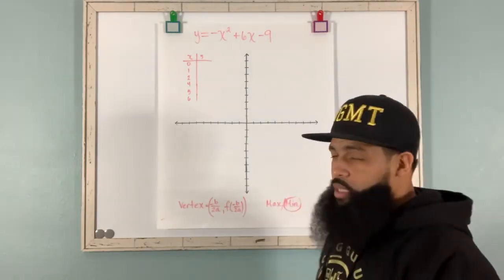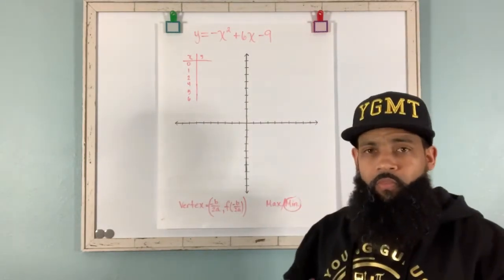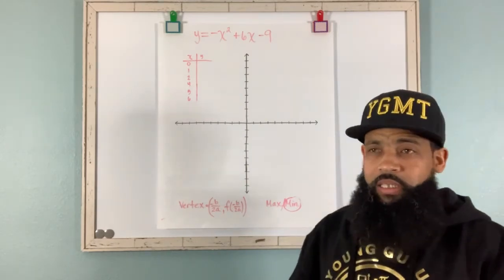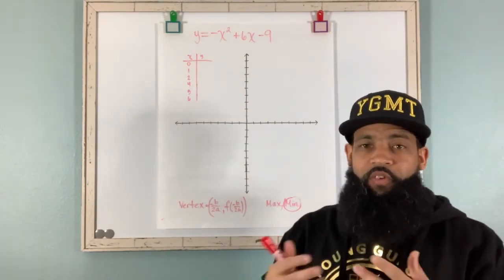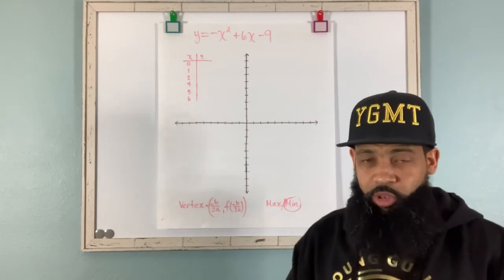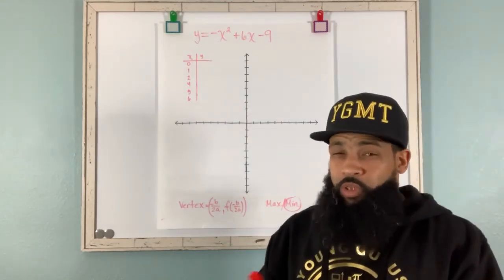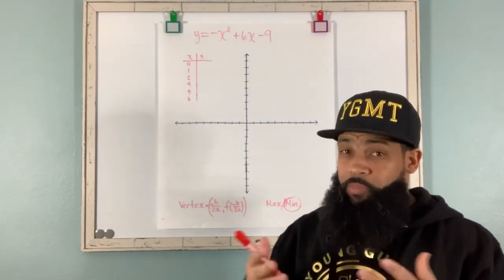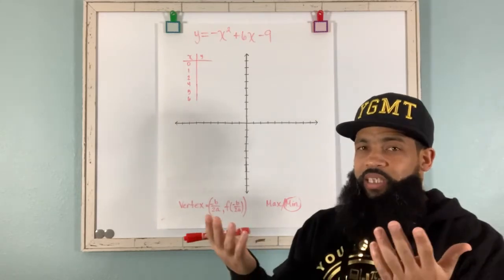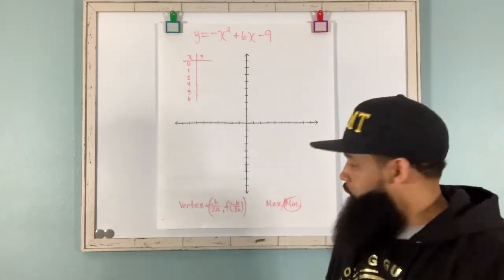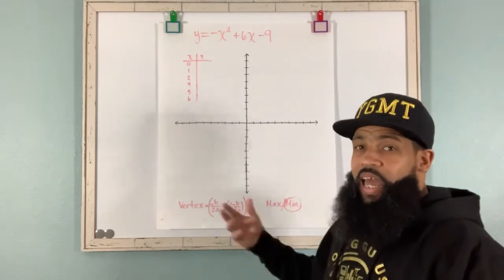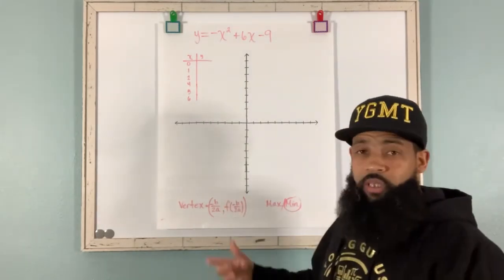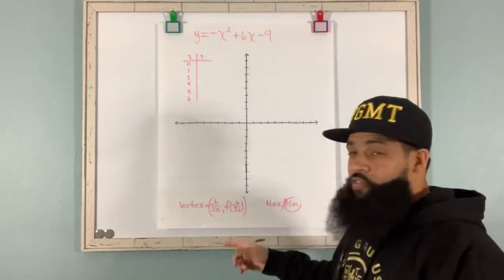Now, the other thing that we need to do when we graph these is to start off with the vertex, or actually the axis of symmetry, because quadratic functions are typically symmetrical, which means they can be folded from one side over to the other side. The way that I find the axis of symmetry, it's the x coordinate of the vertex, and that's negative b over 2a.